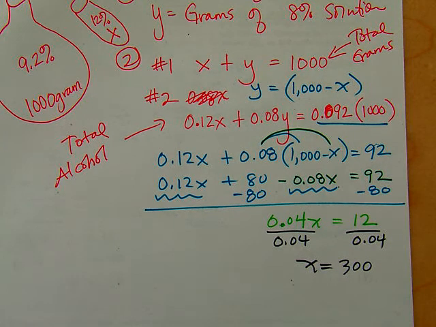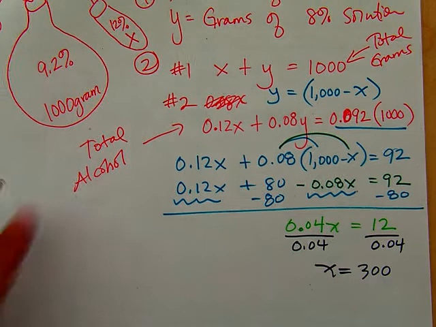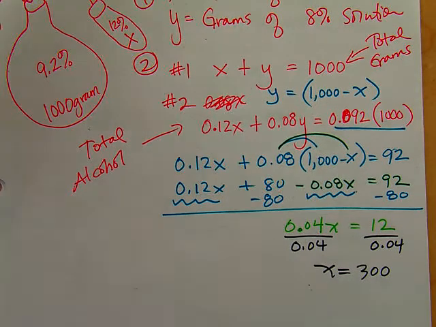So that means we have 300 of the 12% solution, and it kind of makes sense that we would have to have more of the 8% to bring it down below halfway, right?